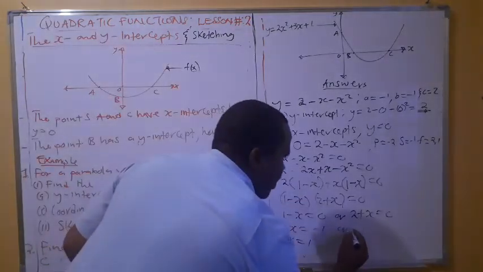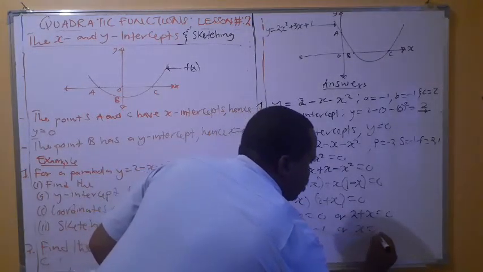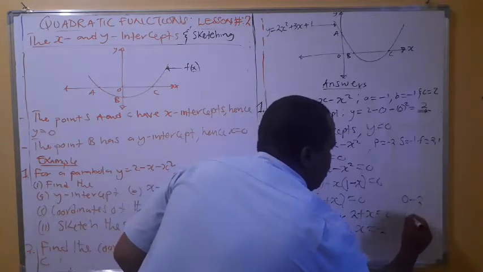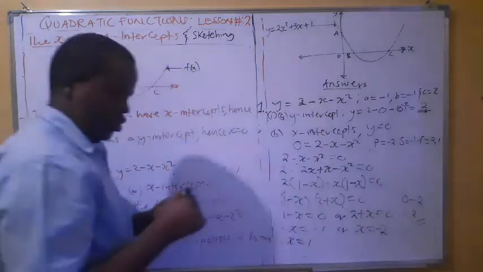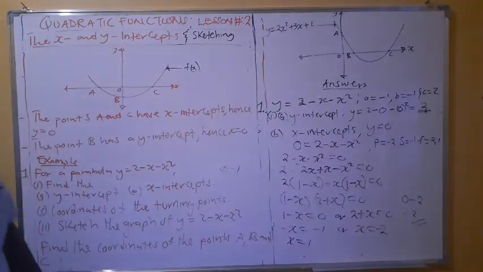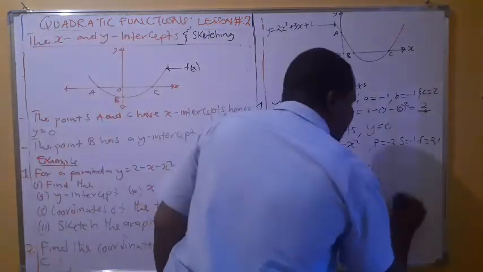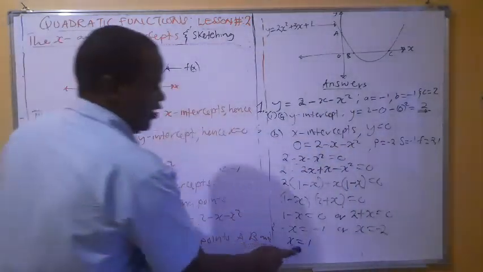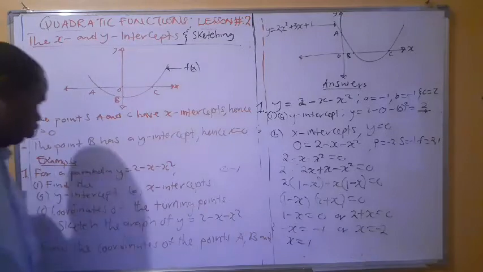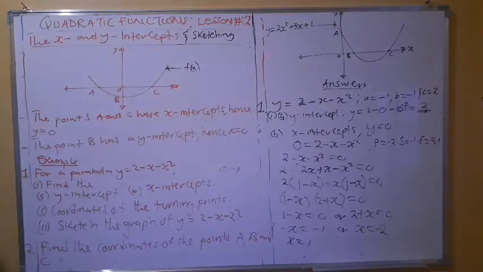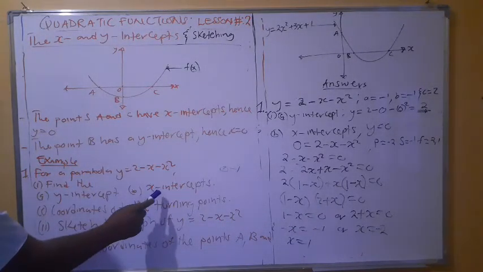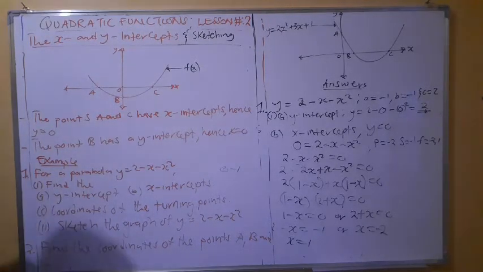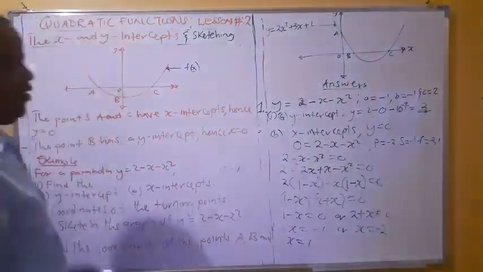Or x is equal to negative 2, or we can say 0 minus 2, which is negative 2. Okay? So, these are our x-intercepts. So, we have got x is 1 and x is equal to negative 2.